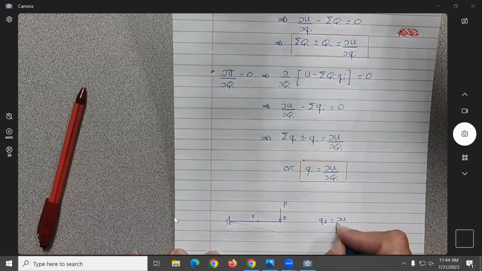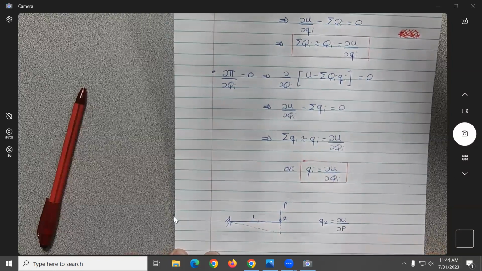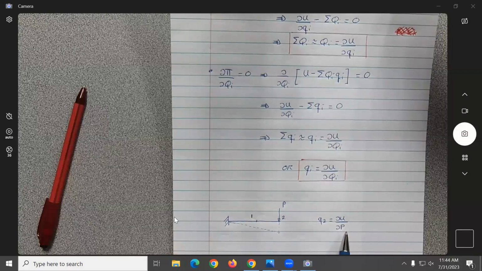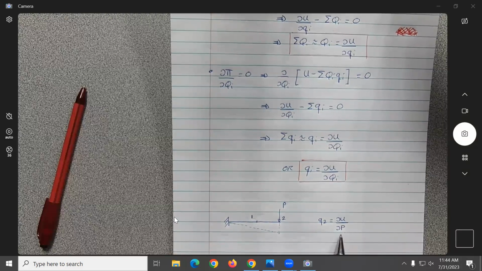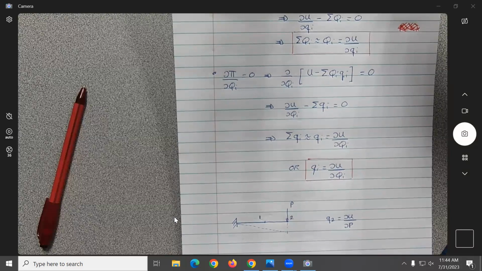The partial of the strain energy due to bending with respect to the force acting at point 2, because this is the force being applied at the point P. So at the point 2.